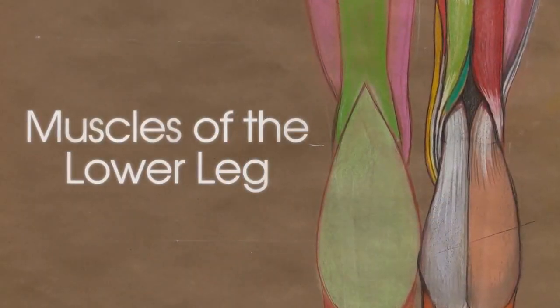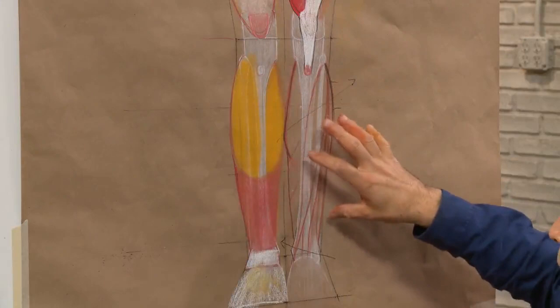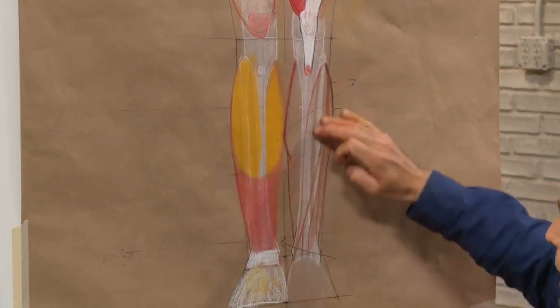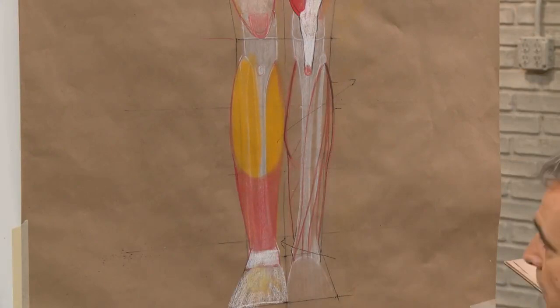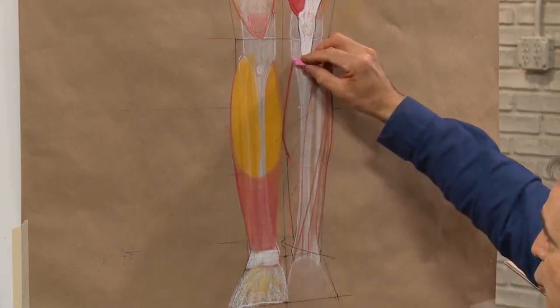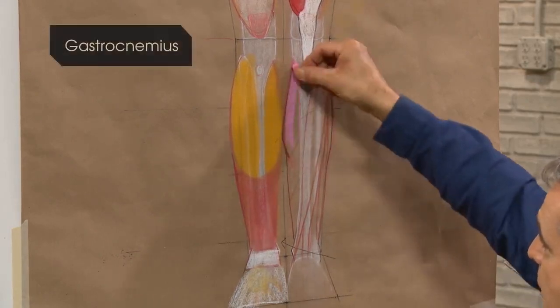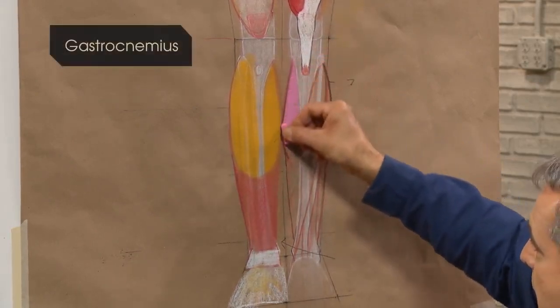So now we're going to analyze in detail the muscle of the lower leg, okay? So we see how this upper portion in here, medial portion, is going to be occupied by the gastrocnemius, the medial gastrocnemius, okay? Like this.